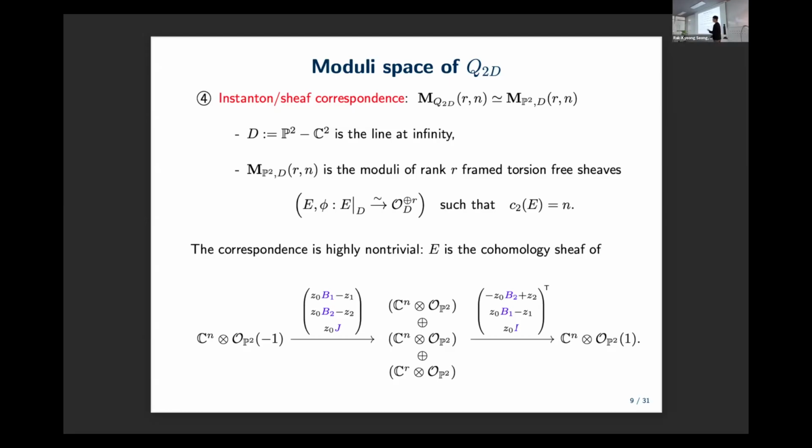And the stability condition shows that cohomology is only at the center. And that cohomology sheaf is exactly E. You can show that such a cohomology sheaf is naturally framed, so there is also the data phi that you can obtain. And this is a natural bijection, so it shows that this is an isomorphism of moduli spaces.